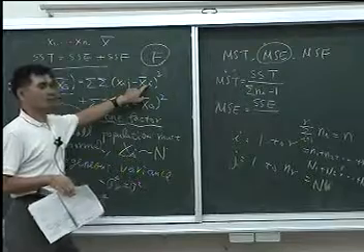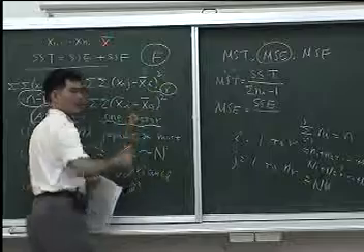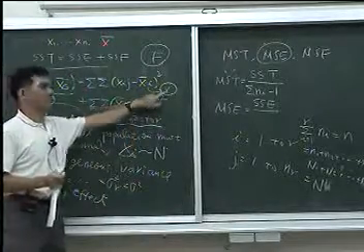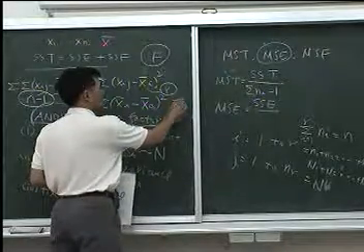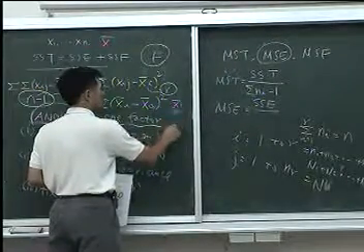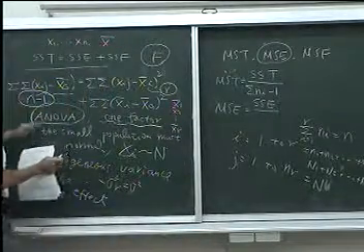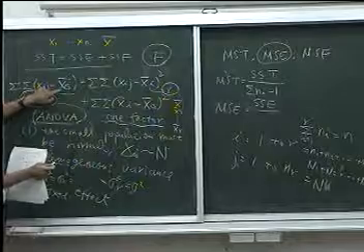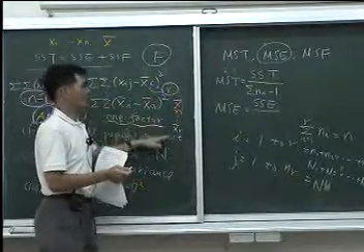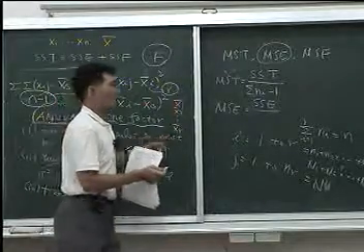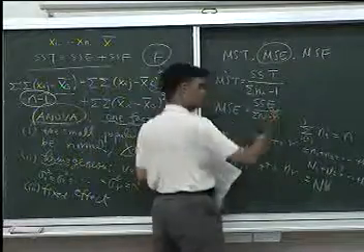How many machines do we have? We have R machines, right? If we have R machines, how many sample means do we have? X bar 1, X bar 2, up to X bar R, right? In the previous case, we had only one sample mean, so we had n minus 1. Now we have R sample means, so it should be n minus R. So that is the summation of n_i minus R, okay?